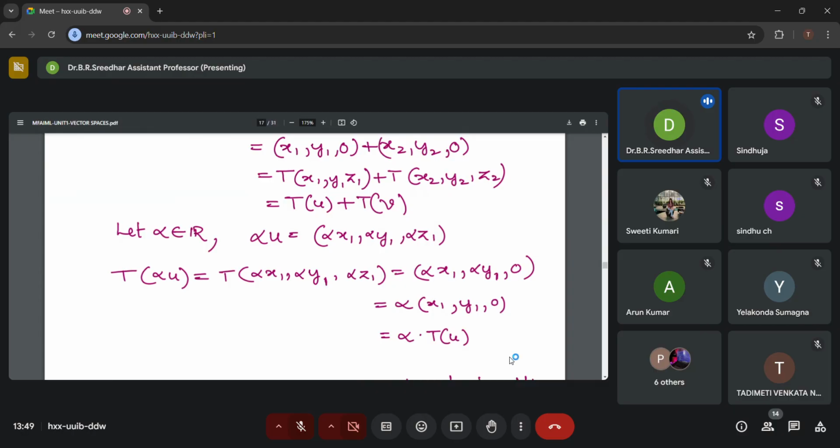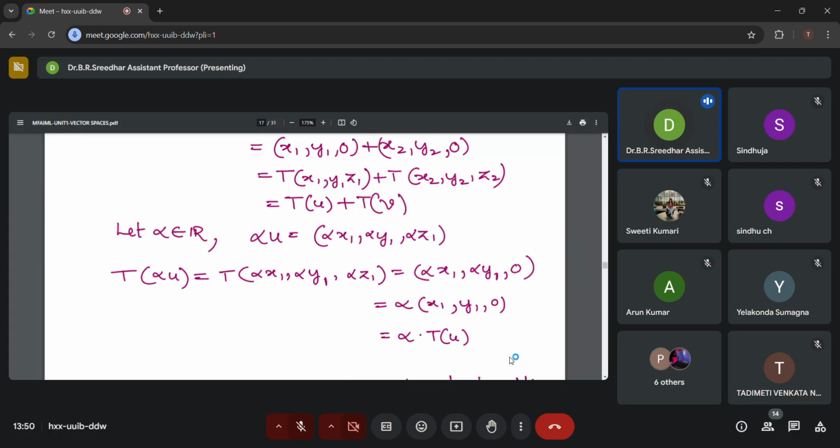Take T on both sides. That means I am applying the mapping function, which is indirectly a translation. That means you are trying to identify the projection of that value, in terms of the transformation.